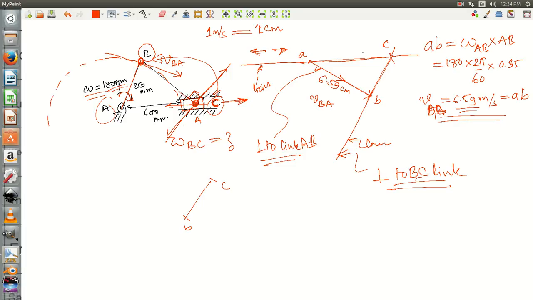Now this link AC represents the velocity of C with respect to A. The direction is horizontal and the magnitude is given by the length of AC, which can be calculated directly from here. Let us assume that this is something near 8 centimeters, which is equal to 8 meters per second.